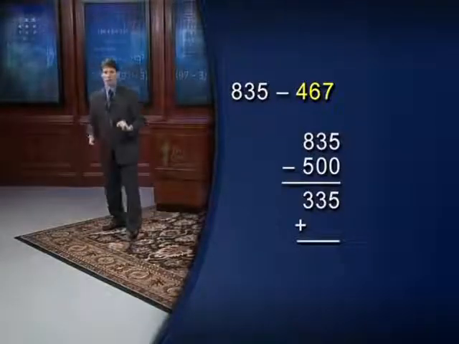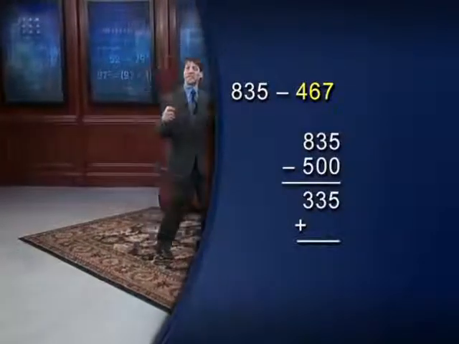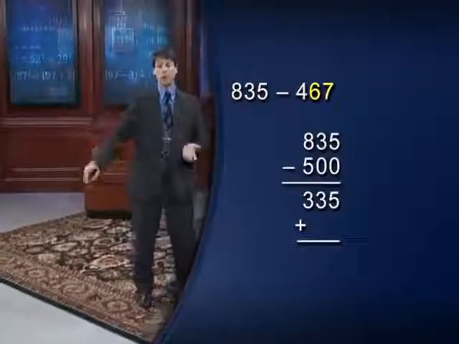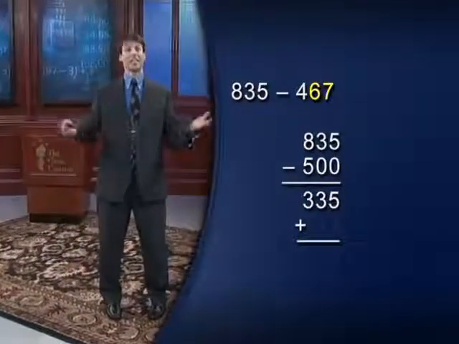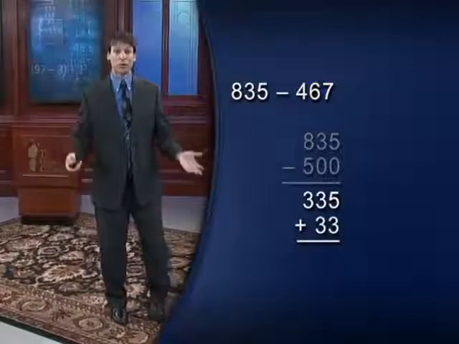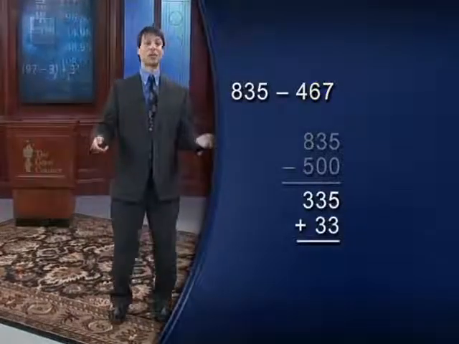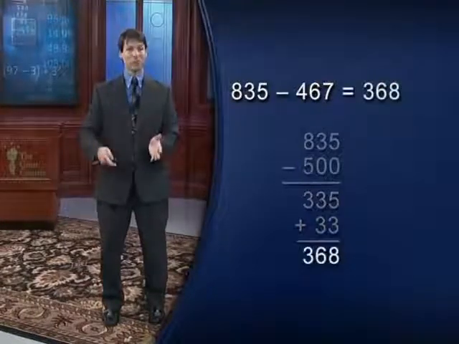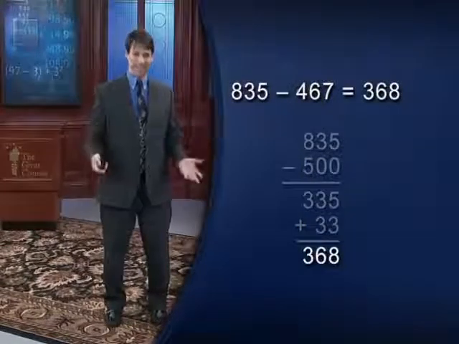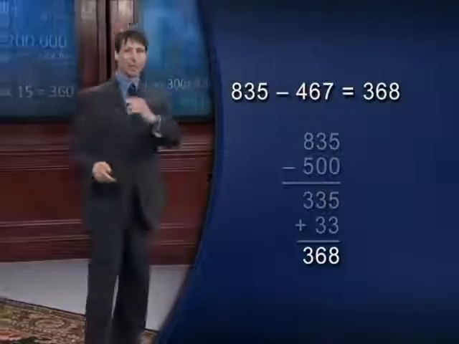Here's the same question: how far is 67 from 100? We know the complement of 67 is 33. So 335 plus 33, from left to right, is 368.